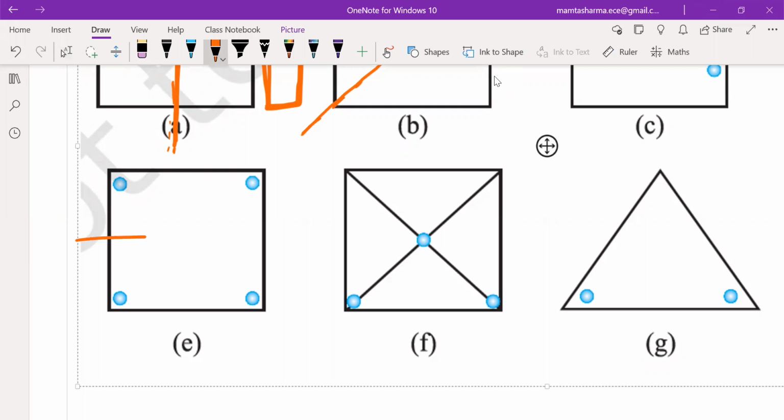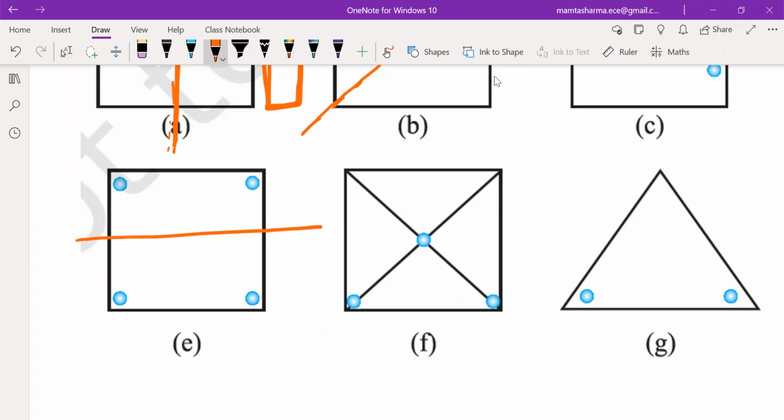Yes. You can draw both. When you draw and fold it horizontally, they will cover each other. When you fold it along the vertical axis, the holes will cover each other. Okay. So there would exist 2 lines of symmetry.